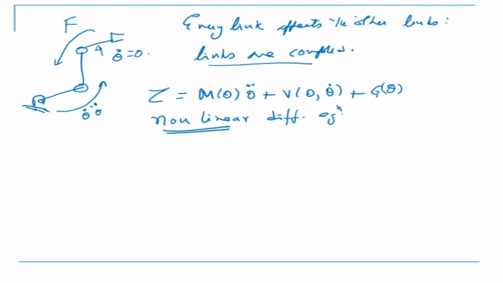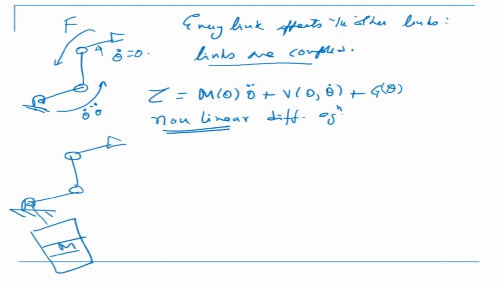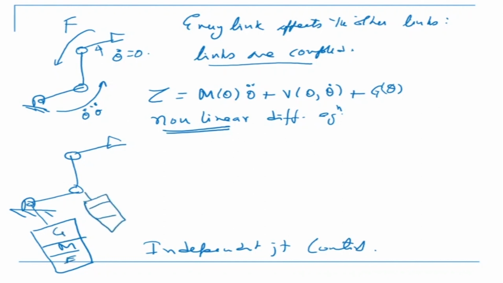Now what is this dynamics doing? So if you're trying to model the manipulator using a single input single output system, and also saying that each joint is being controlled by an independent joint control strategy, that means there is one motor, there is an encoder, and there is a gear in front, and every joint is being controlled independently.